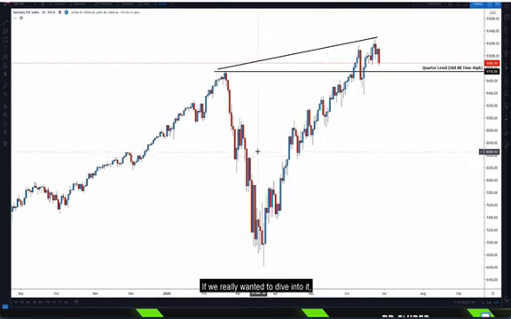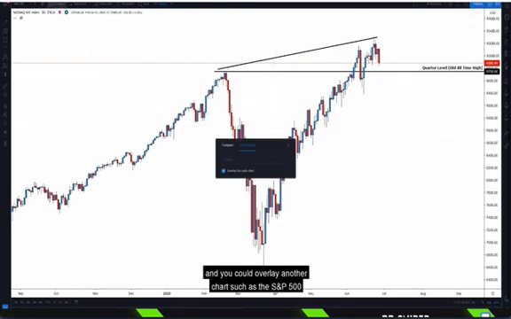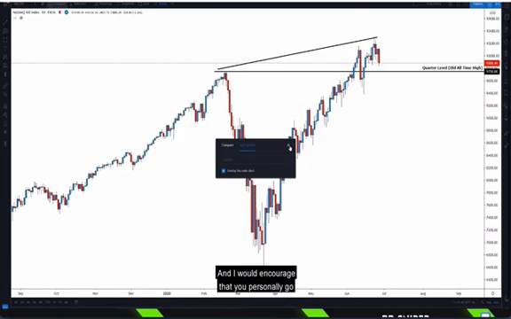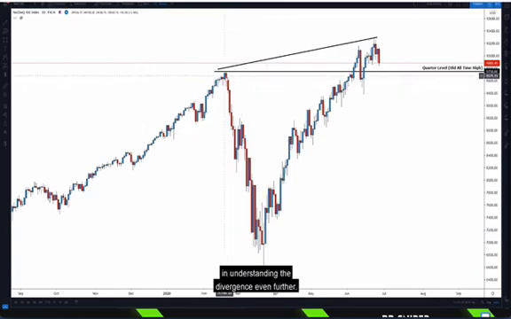If we really wanted to dive into it, we could utilize the compare tool, and you could overlay another chart such as the S&P 500 onto the NASDAQ. But we're going to save that for a little bit later, and I would encourage that you personally go and do a little bit more exploration if you're interested in understanding the divergence even further.